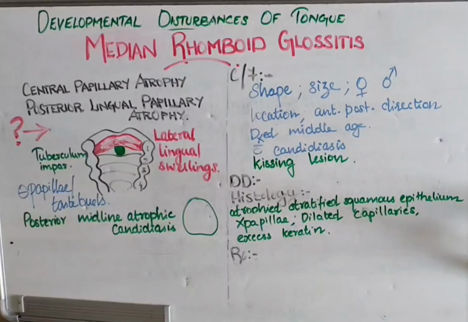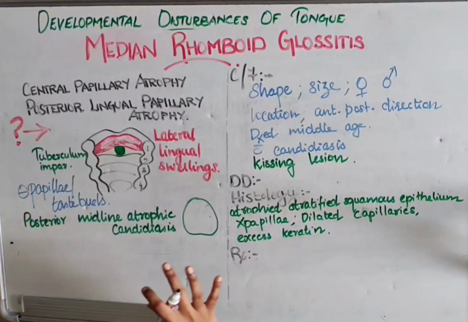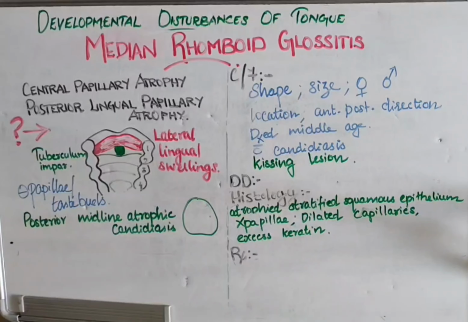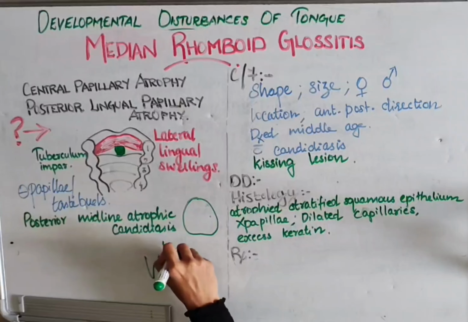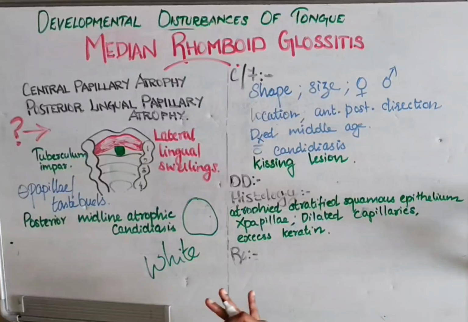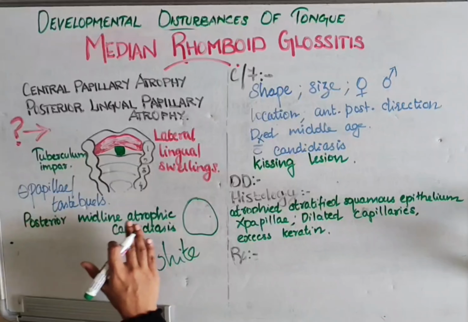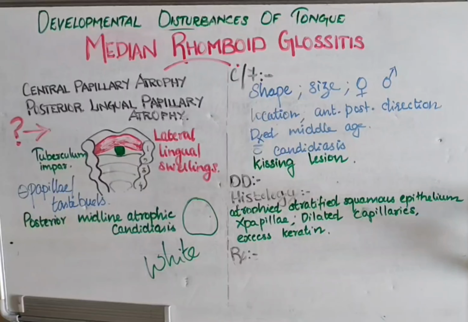But here it is not always reddish, because most of the time there can be candidal growth. When there is candidal growth, it will be white in color due to excess keratin production. In those cases, it is also called posterior midline atrophic candidiasis.